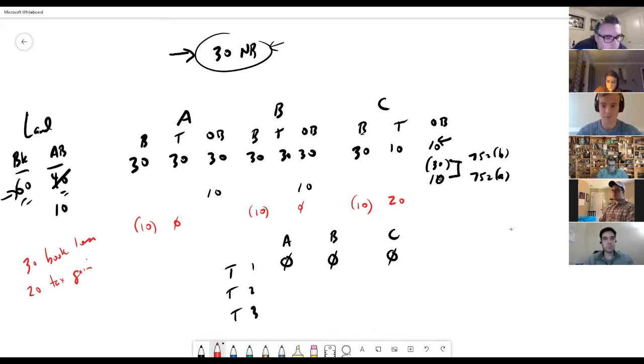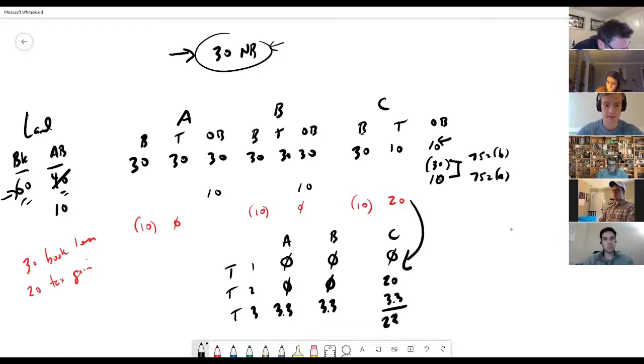So what would end up happening then is under tier 2, C gets 20, A and B get 0. And under tier 3, we've got 10 left, and we go 3.3 across the board.